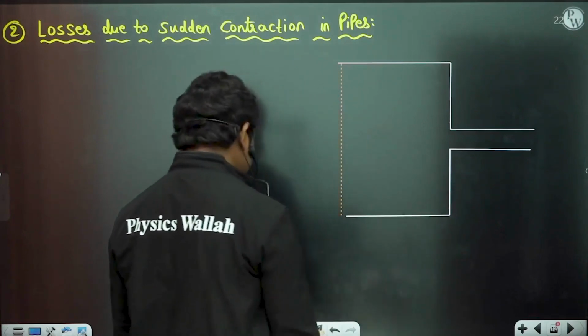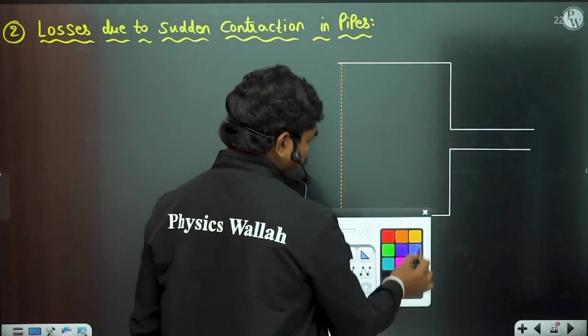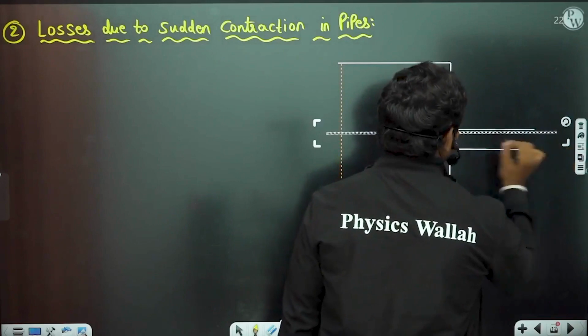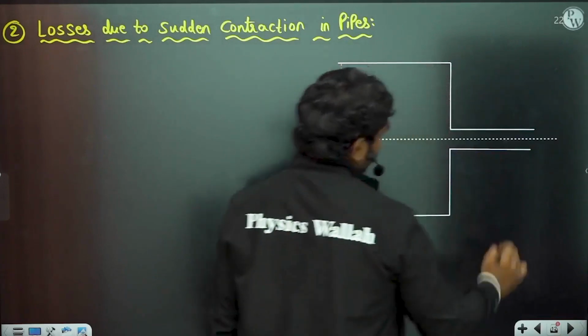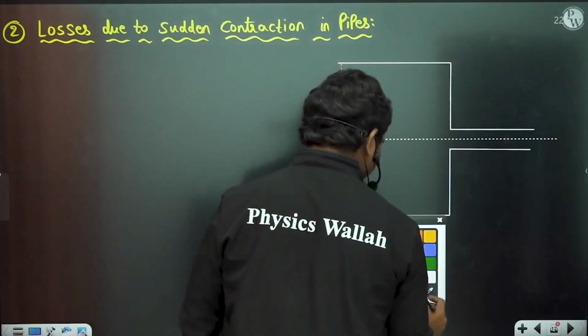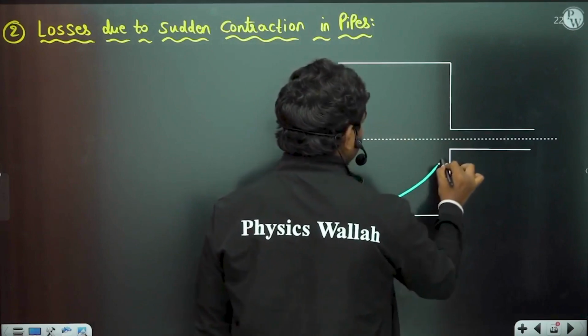So first of all, let us try to draw the fluid. So now if you take this axis, let us suppose there is some fluid which is coming and entering this pipe, for example. So let us suppose the fluid actually comes like this.